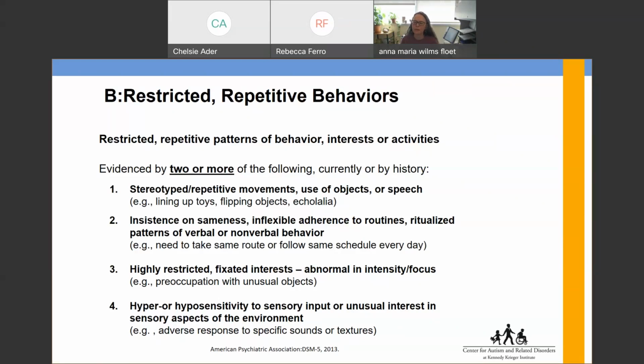The DSM-5, this is the first time that DSM looks for hyper or hyposensitivity to sensory input. So this is new in the DSM-5, but we know many children with autism spectrum disorder will have an unusual, atypical response to sensory input. They may be sensory seeking or sensory avoiding.